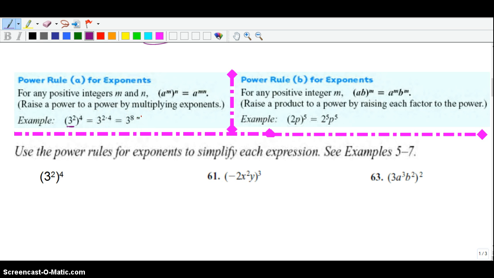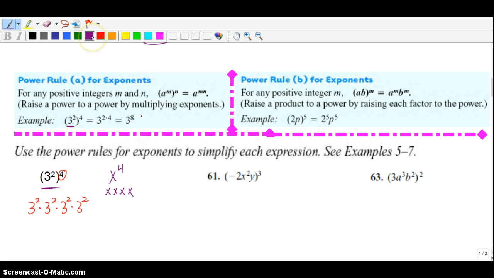And once again, I've got the example here. And I wanted to work it out in a little bit more detail just so you can see this. So we all can agree that if you had x to the fourth, that's x times x times x times x, right? Well, 3 to the second power raised to the fourth power is 3 squared times 3 squared times 3 squared times 3 squared.